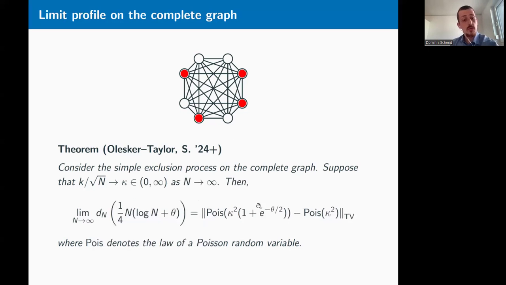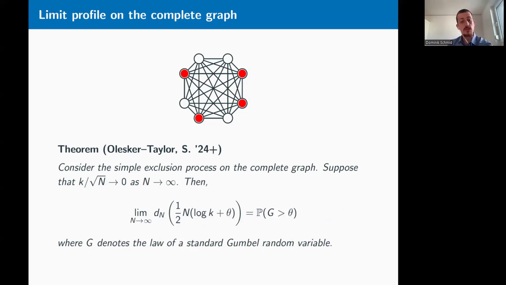In the case where k divided by square root of n goes to some non-trivial constant between 0 and infinity, the limit profile is given as a total variation distance between two Poissons. And whenever k divided by square root of n goes to 0, then the limiting distribution is just the CDF of a Gumbel distribution.